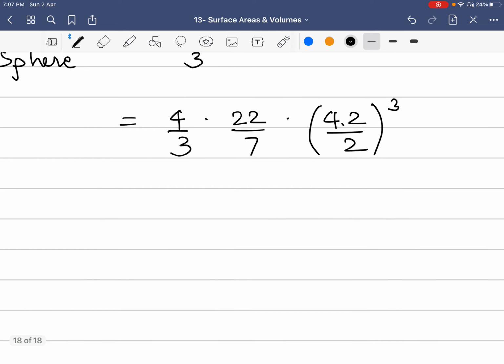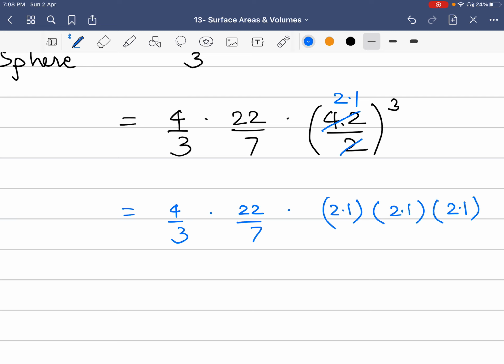Let's zoom in here. So this is 2.1, and we all know that 2.1 is divisible by 7. Let's expand it. That will be equal to 4 by 3 into 22 by 7 into 2.1, three times because it's a cube: 2.1 into 2.1. This is the mathematical expression that we are going to solve.